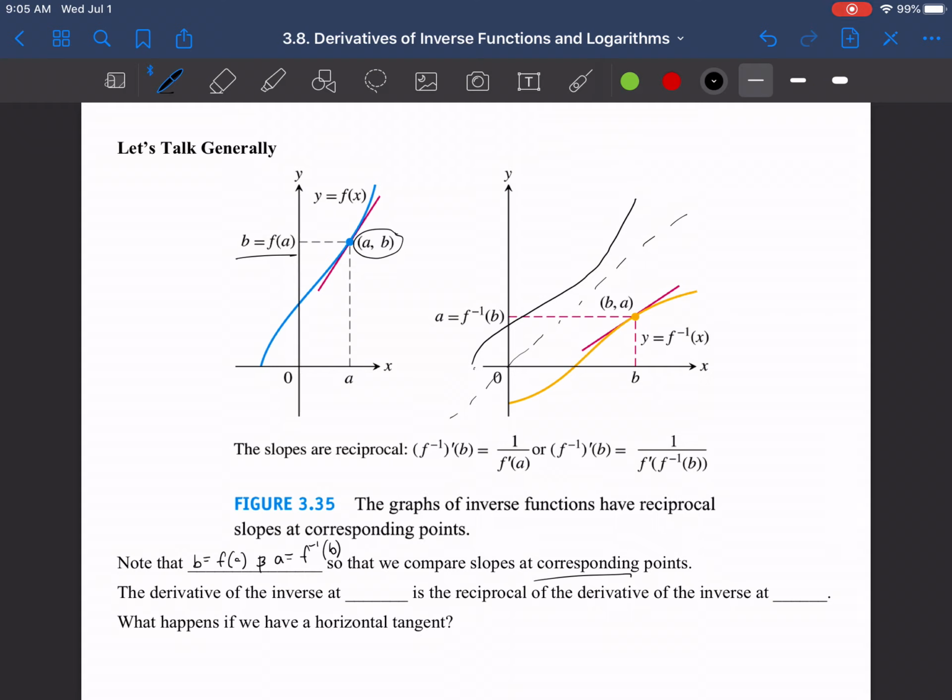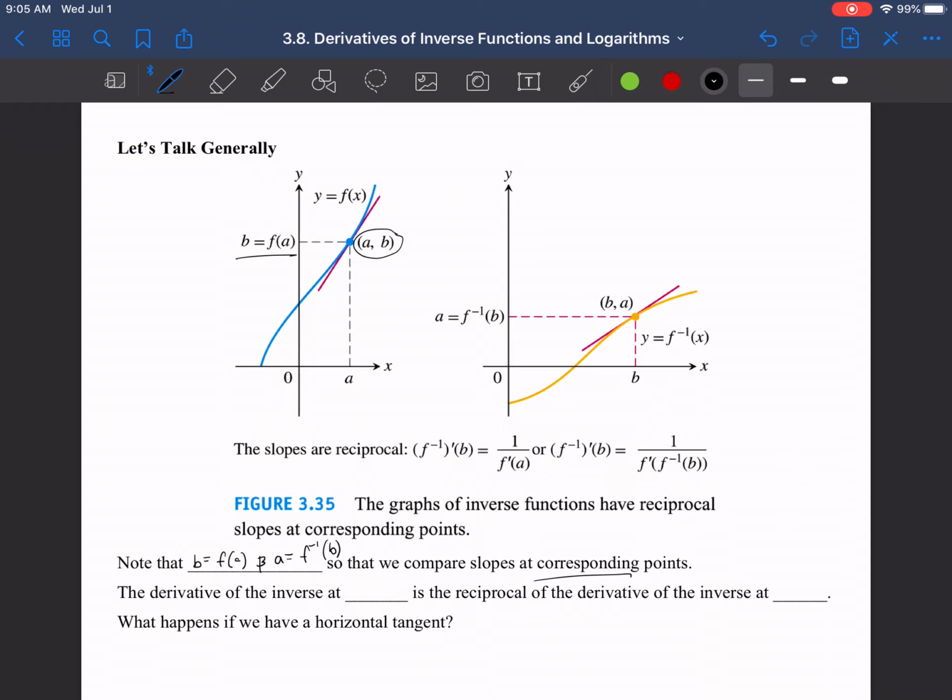And where the slopes will match up is when, instead of being (b, a), this is going to be like this. This will be a, this is b, like in this picture over here. And these two slopes, I know I didn't draw it very well, are going to be reciprocals of each other. All right, so you have to be very careful with that.